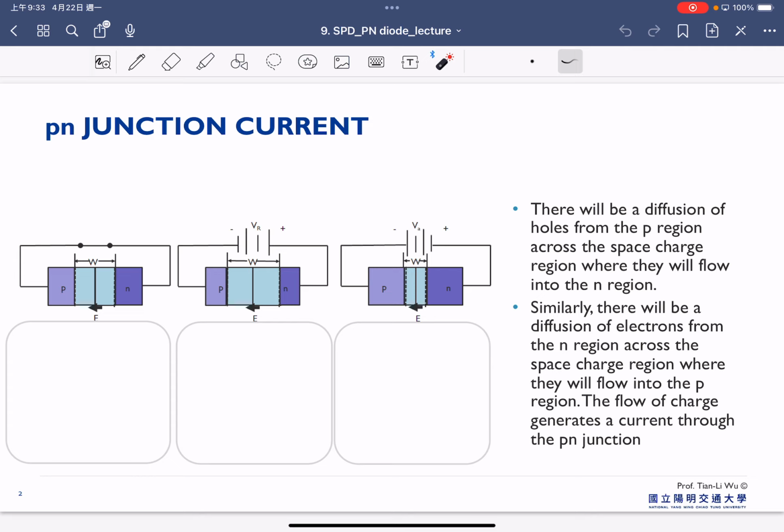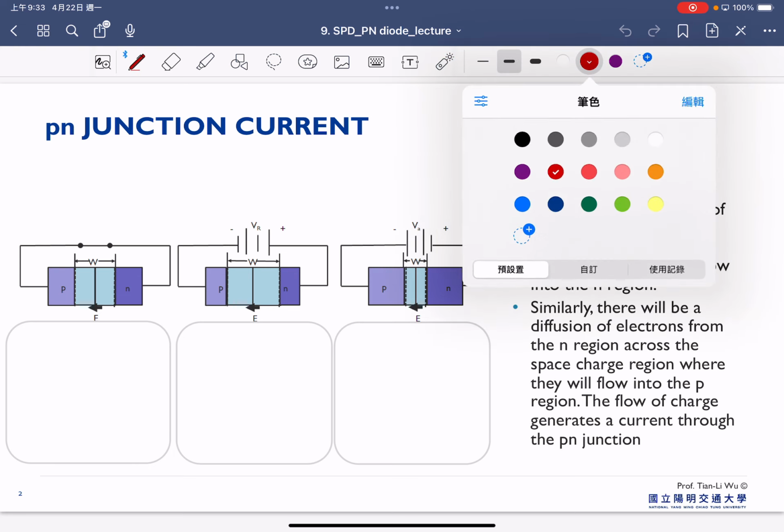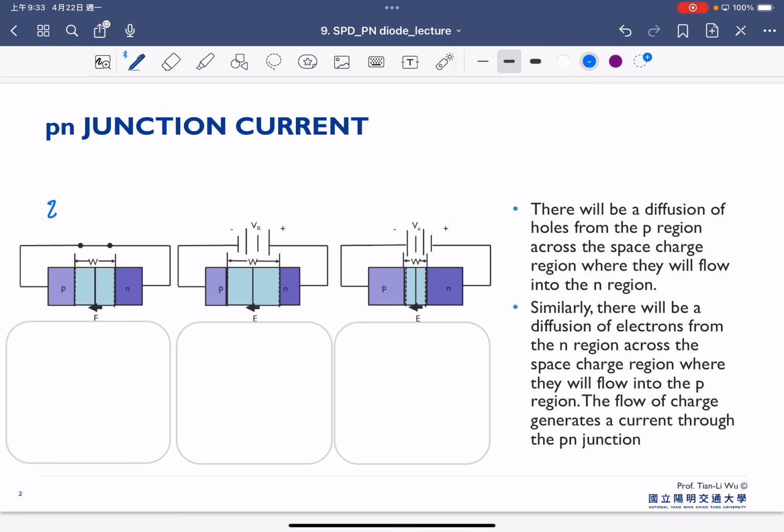The first one is zero bias. The second one is operation under reverse bias. And also we have operation under forward bias.